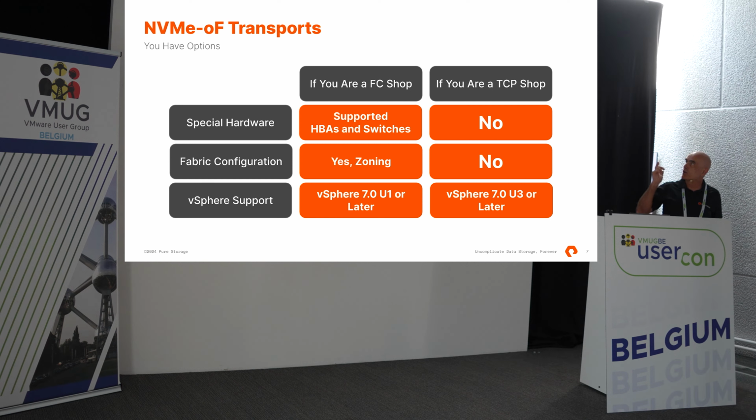If you're on TCP, the good news is that probably nothing changes, apart from the fact you need to be on vSphere 7. As for vSphere 8, in my opinion, and from what I can see in our customer estate, almost all of them have already transitioned to vSphere 8, which has everything implemented internally for supporting NVMe over Fabric.